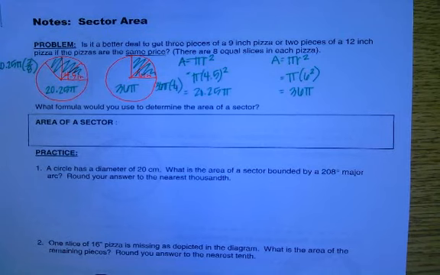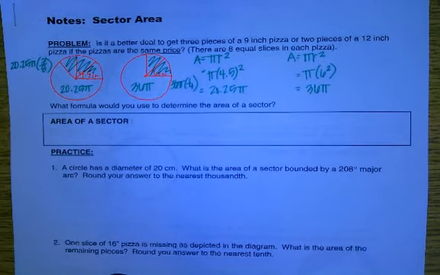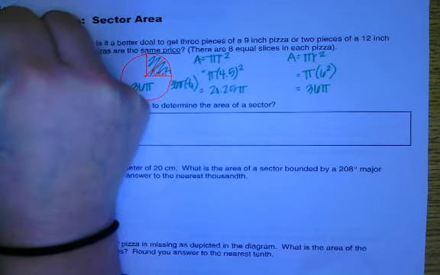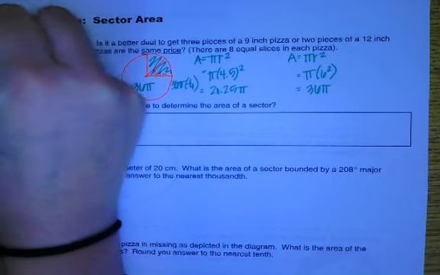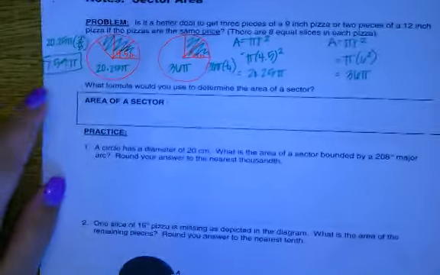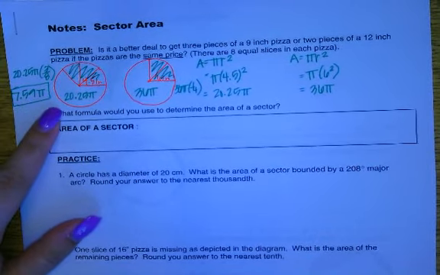Okay, go ahead and, again, just keep it in terms of pi. 20.25 times 3/8 is going to give you what? 7.59 pi. Okay, so that's the part that you have over here with your 4.5 as your radius.